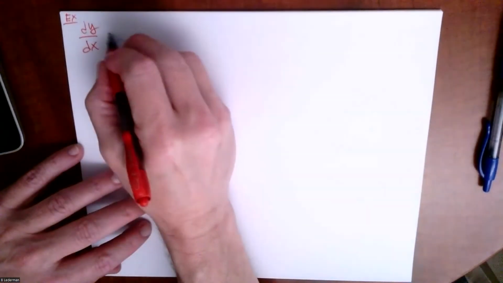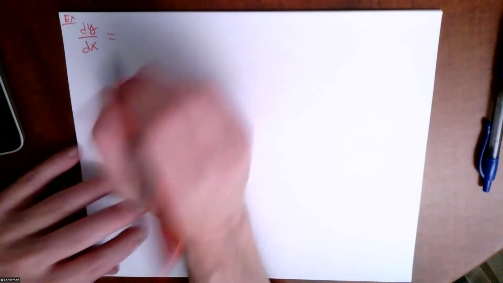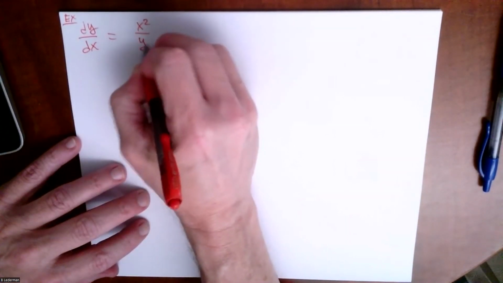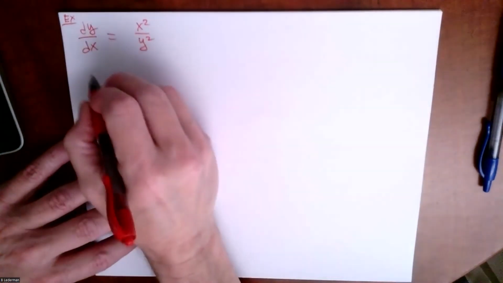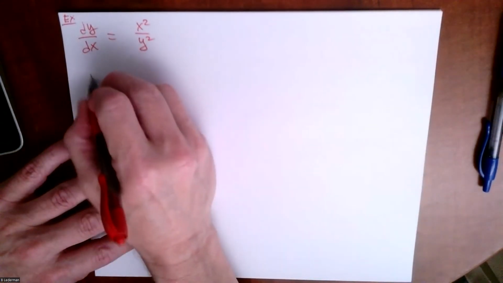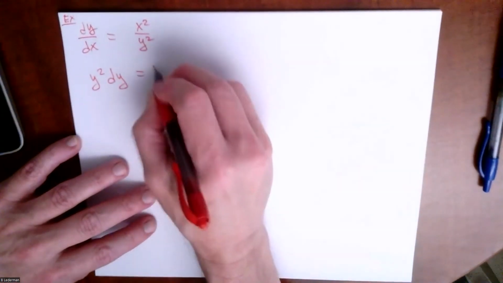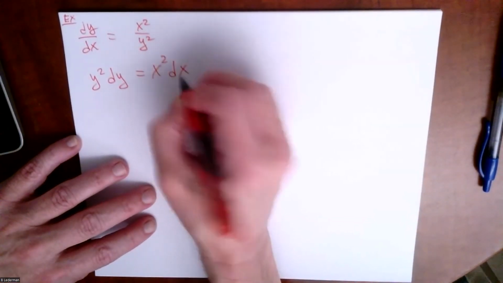Let's look at another example. dy/dx is equal to x squared over y squared. So we just cross multiply, and we get y squared dy equals x squared dx.